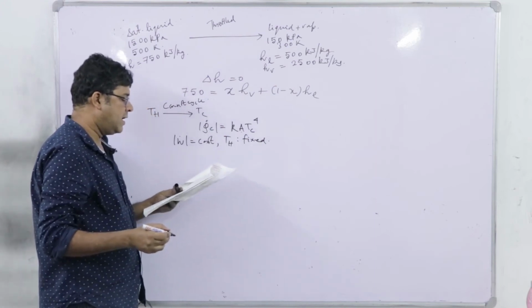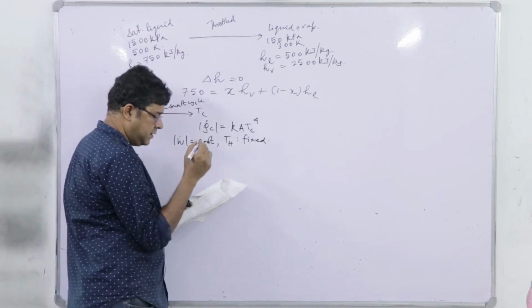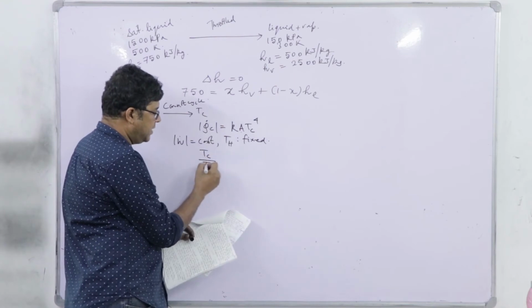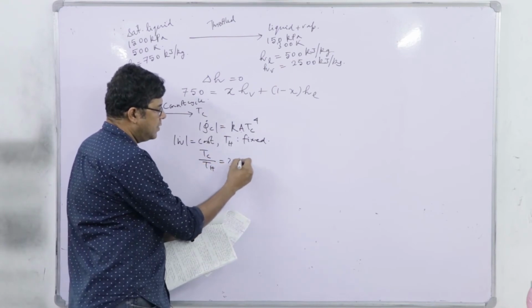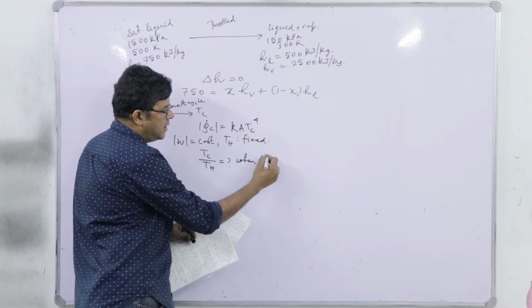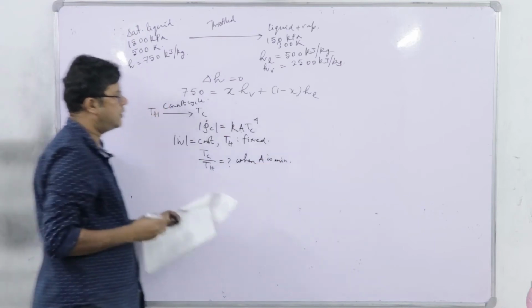The radiator area is minimum when Tc by TH. We have to find out when area is minimum, right.